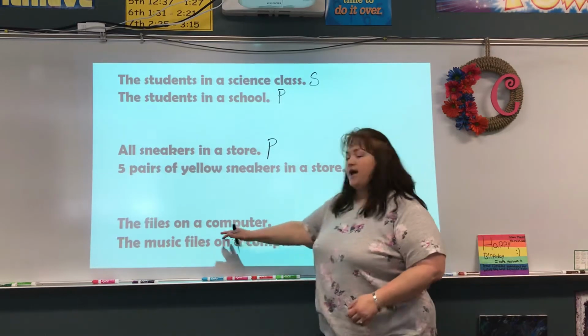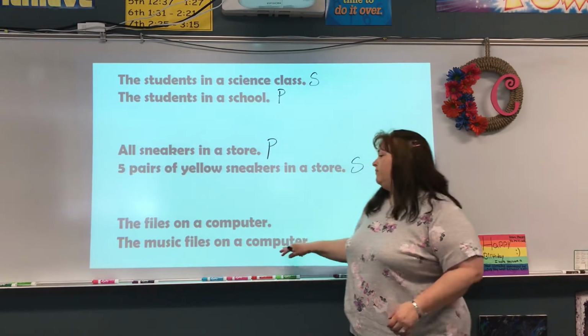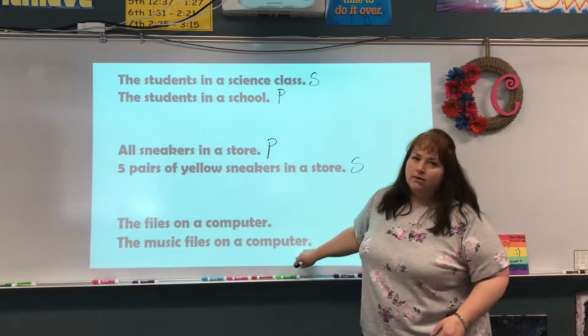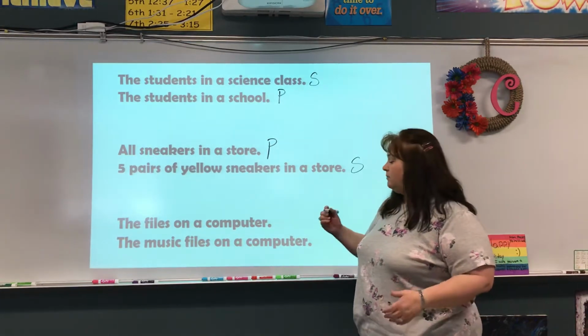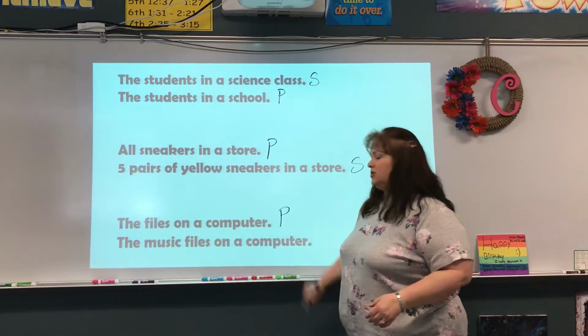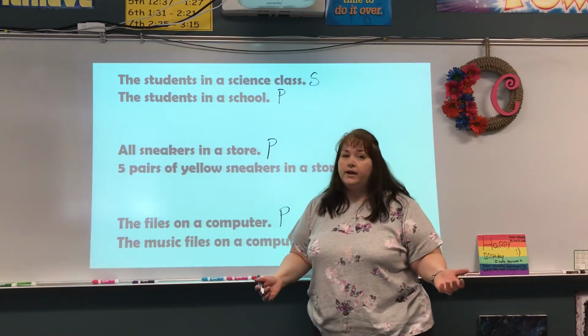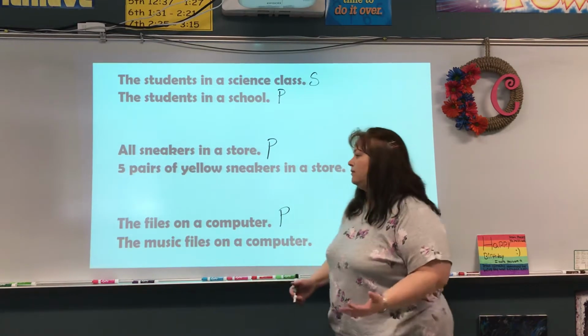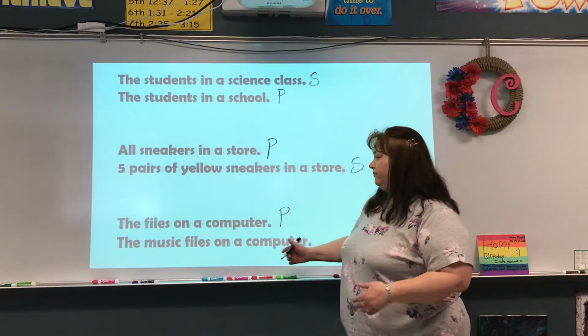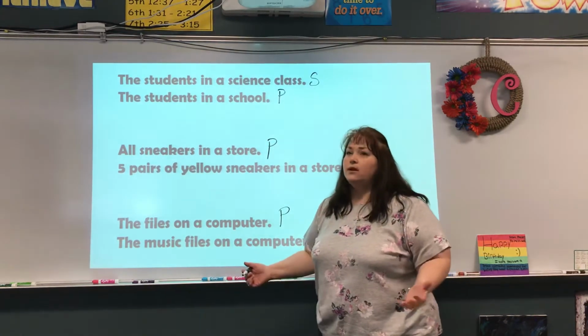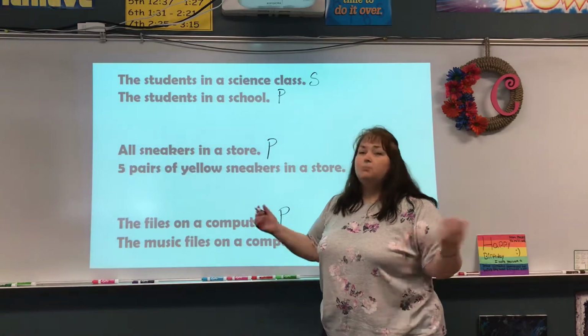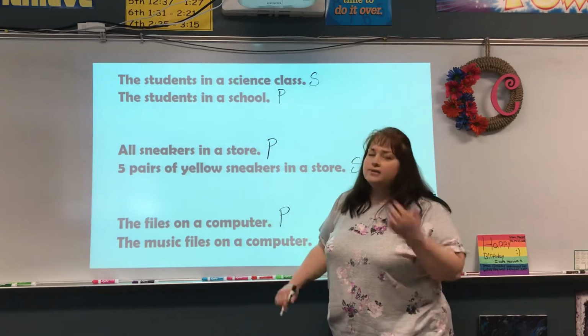Then you have the files on a computer and the music files on a computer. So the files on the computer would be the population. All the files on the computer, and we know we can really load up files on a computer, right? Between video and music and Word and spreadsheet and pictures and just all kinds of stuff.